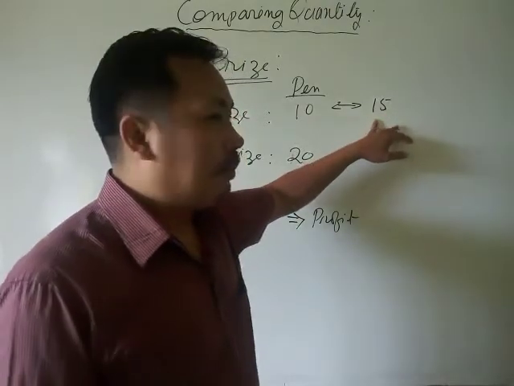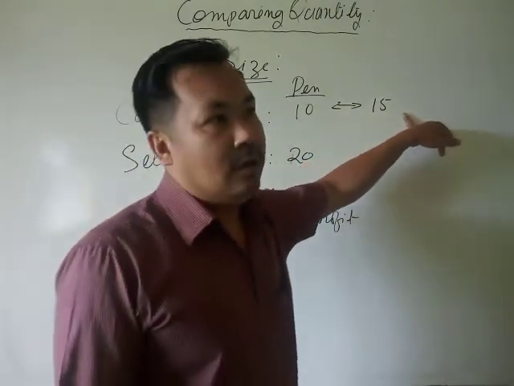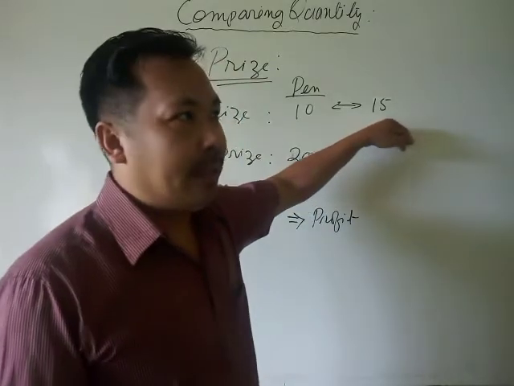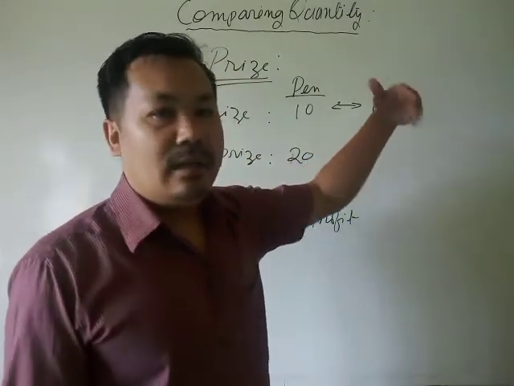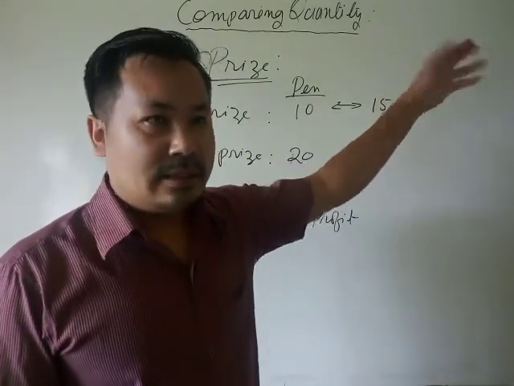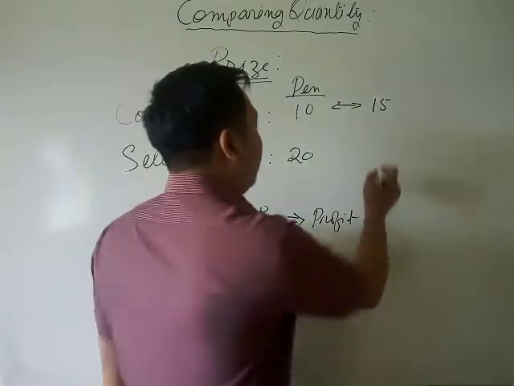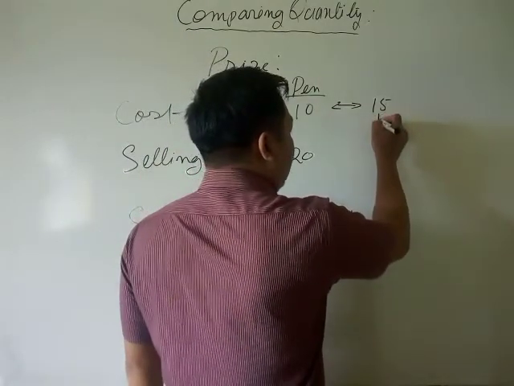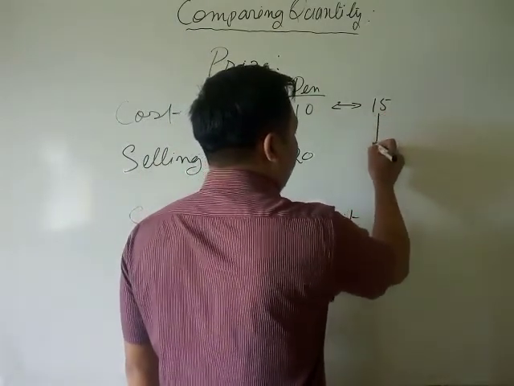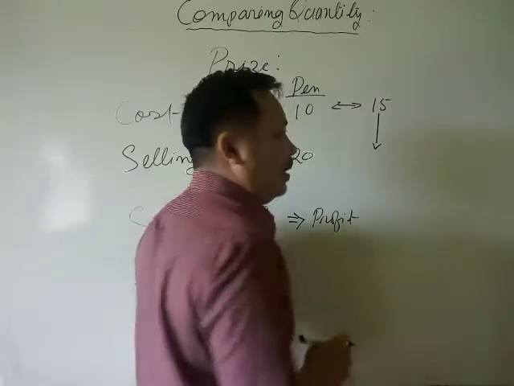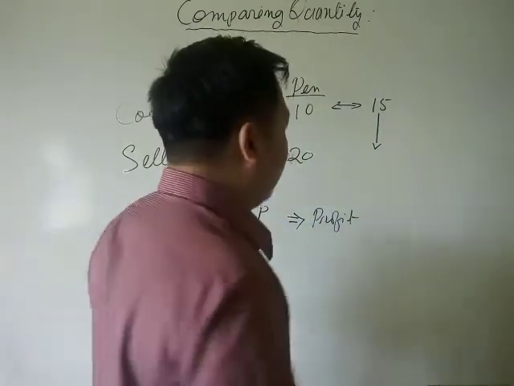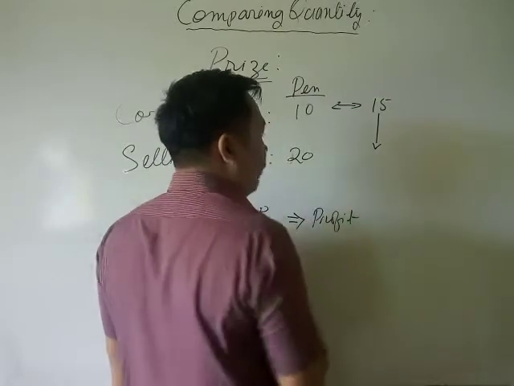So what happened? Due to the scarcity of raw materials, the company, the factory, the industries raise the price to 15 rupees. Now, with so many taxes added, some prices may be different, isn't it? Yes. So when it reaches the shopkeeper, what happened?